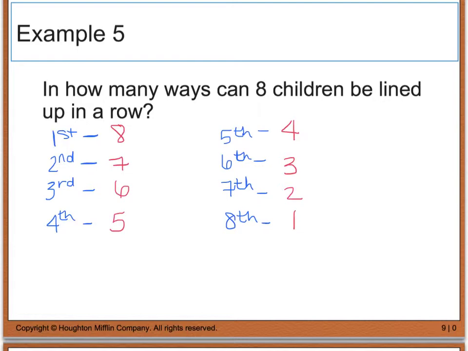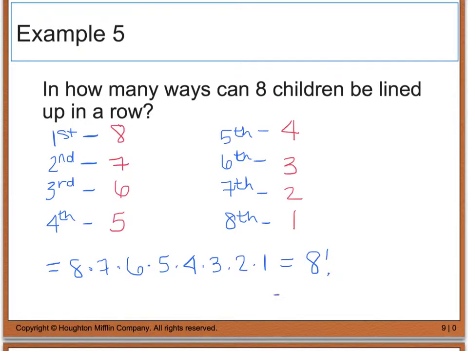So if I use the fundamental counting principle, I'm going to take each one of these events and multiply them together. So I end up with 8 times 7 times 6 times 5 times 4 times 3 times 2 times 1, which is really equal to 8 factorial, if you remember from the previous section.